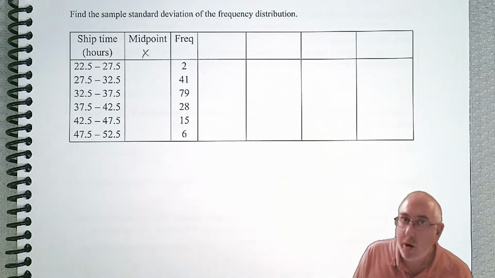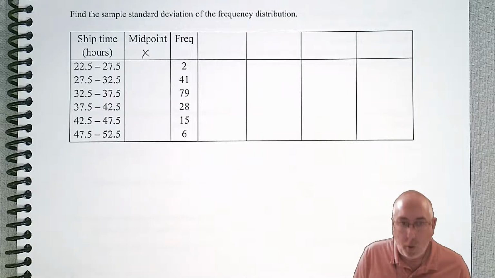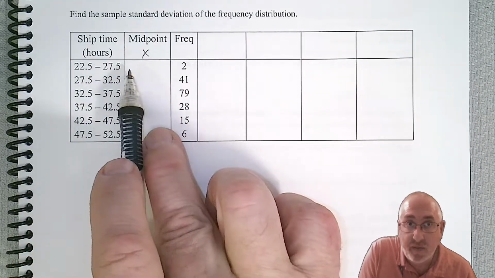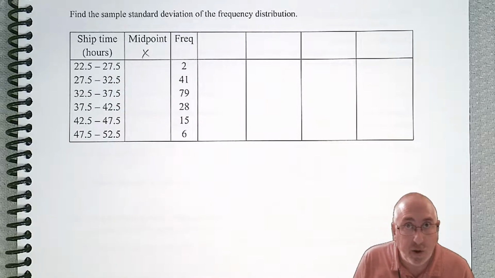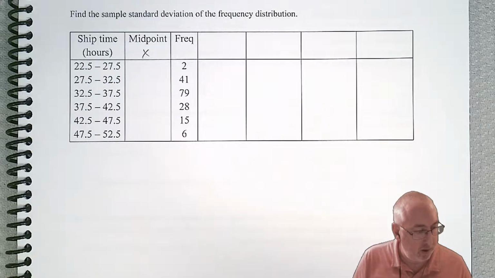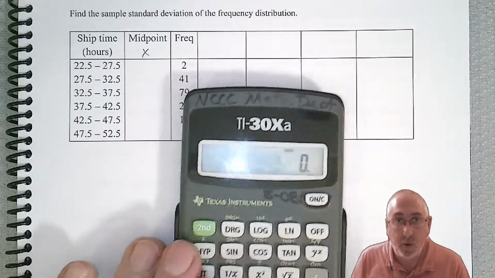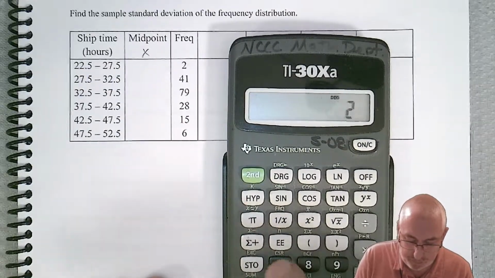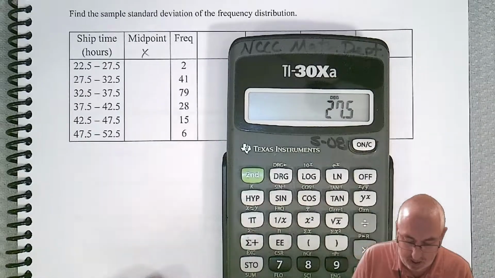So now you're probably wondering, what do I mean by midpoint? Well, we're trying to find the middle of this interval. And the easiest way to do it is to average the smallest and the largest together and see where the middle is. So all you have to do is add those together and divide by 2.